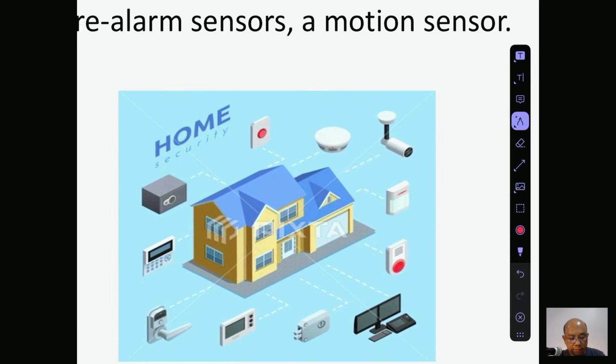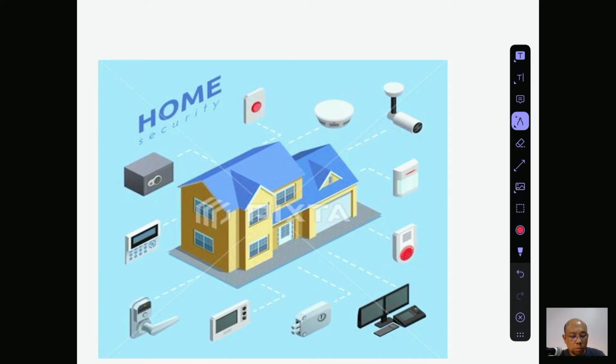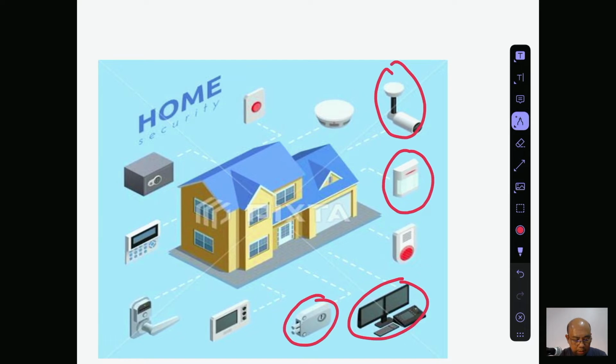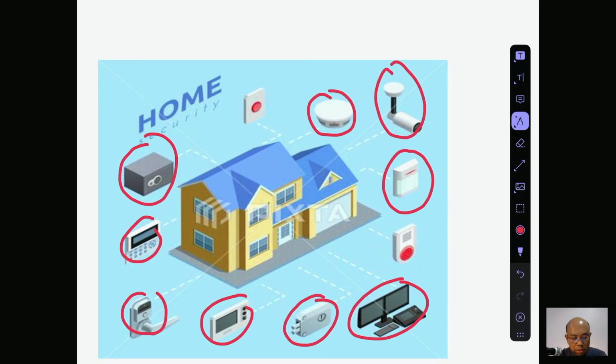This home security system has a lot of devices. This is a CCTV camera, and here maybe an infrared or moving detector, some detectors, and this is a computer, door lock and panel, a safe box, and smoke detector.